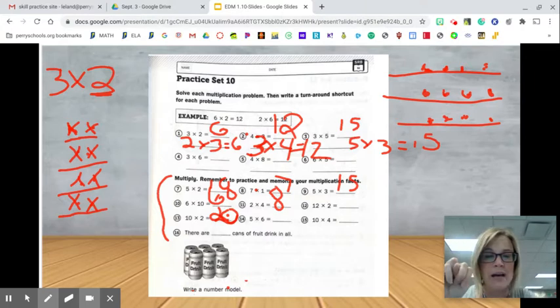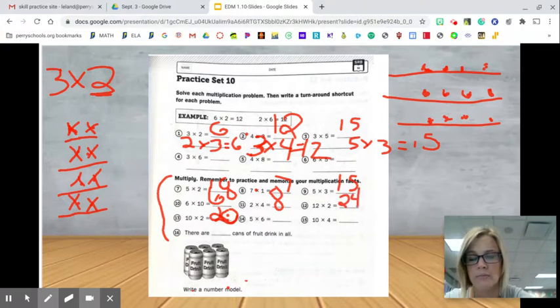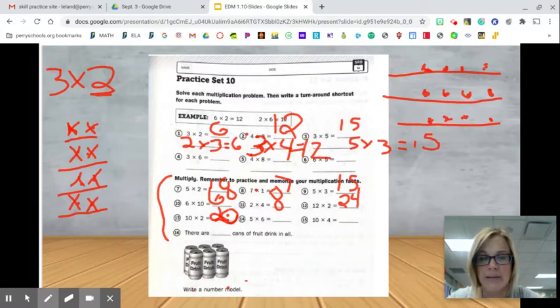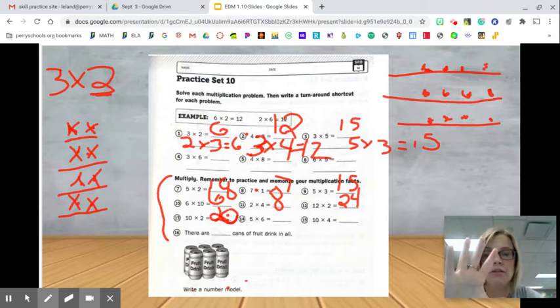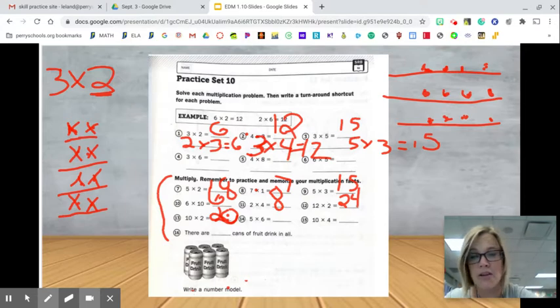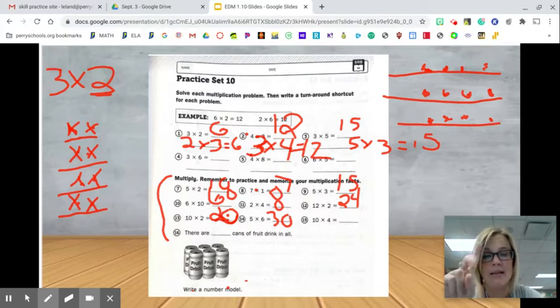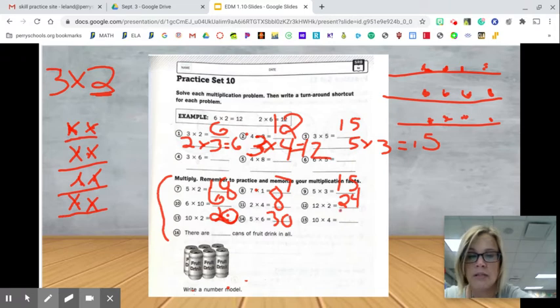So I counted by 12 and I got to 24. 5 times 6, count by 5s, 6 times. 5, 10, 15, 20, 25, 30. 5 times 6 is 30. 10 times 4, count by 10s. 10, 20, 30, 40. 10 times 4 is 40.